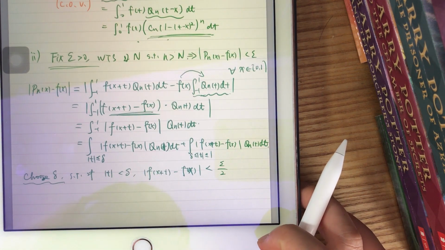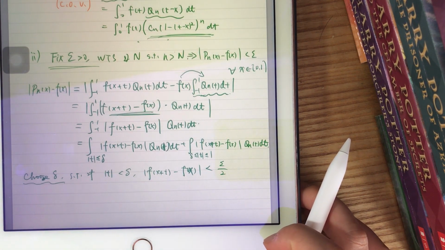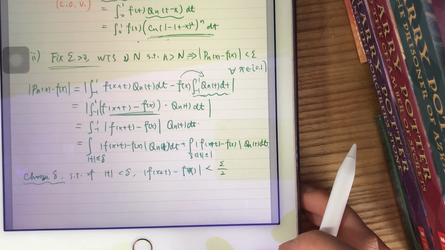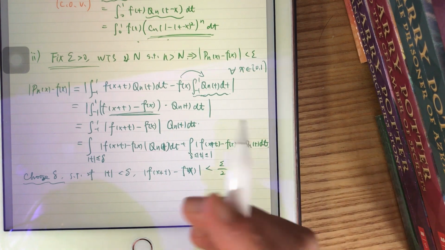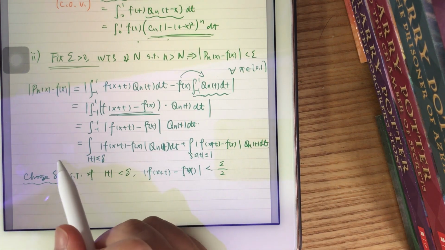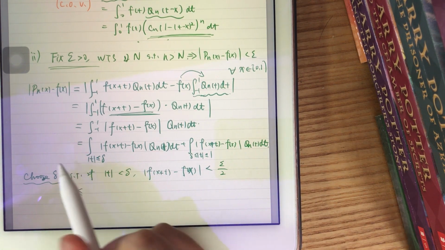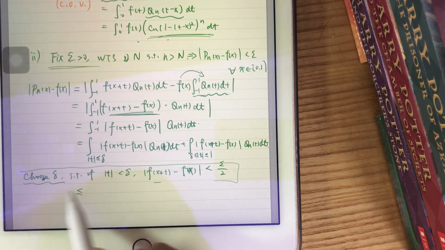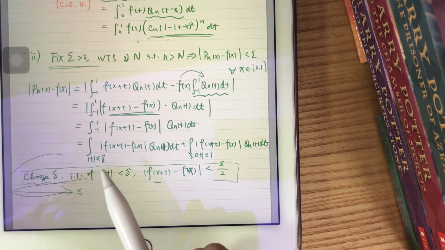Such that the difference between f(x plus t) and f(x) is less than half of the epsilon. So we continue the computation here.